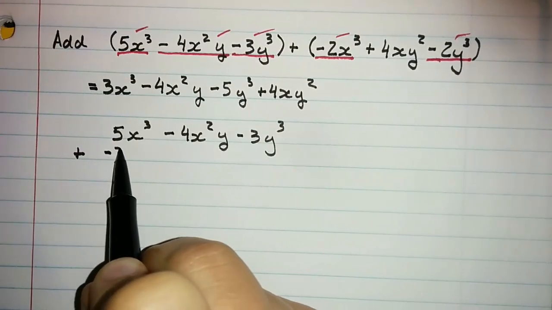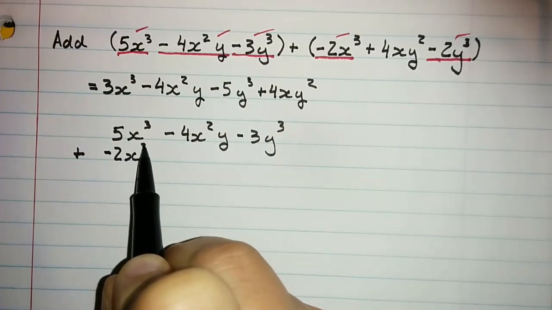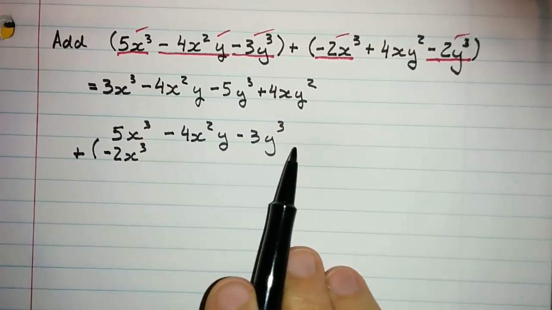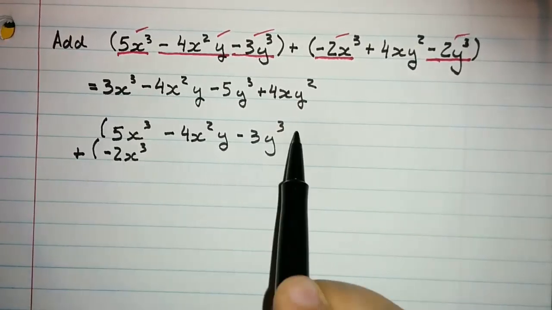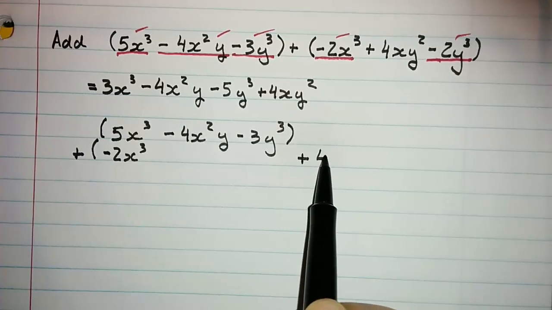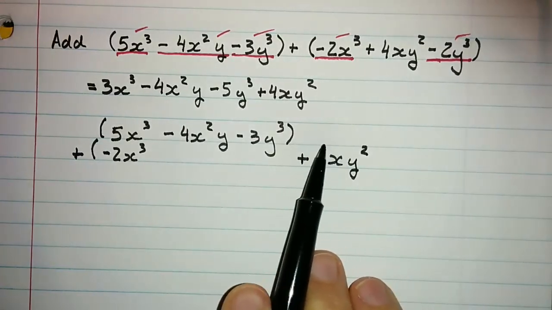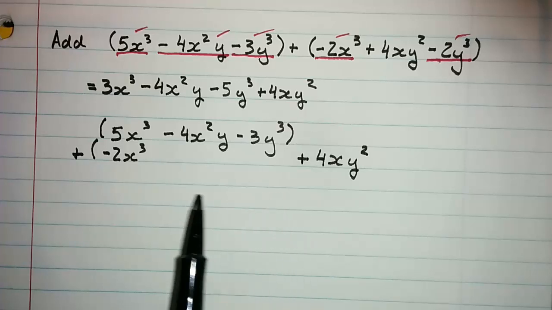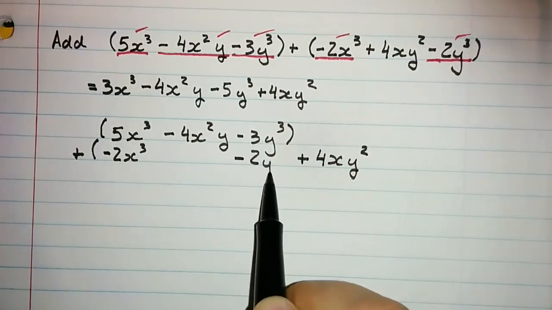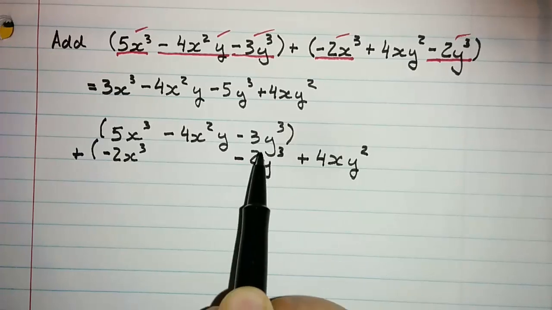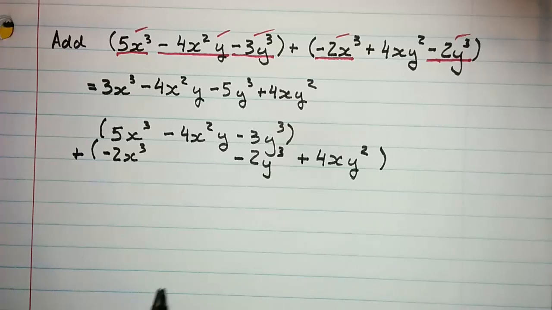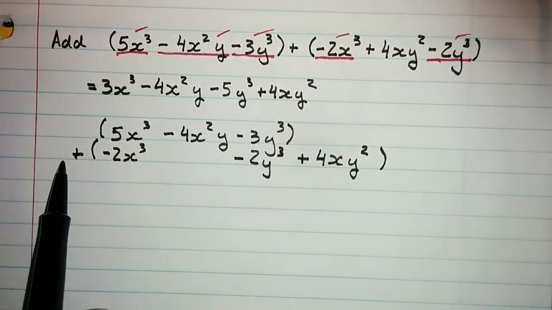So I'll have my negative 2x cubed. My plus 4xy squared is not like any term in my original polynomial, so I'll write that over here, not underneath anything. My minus 2y cubed is like the minus 3y cubed. And so now I have my like terms lined up.